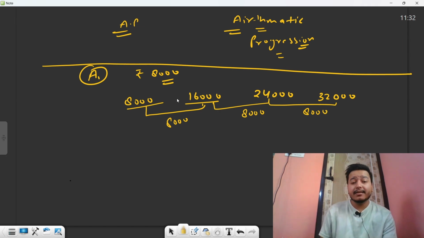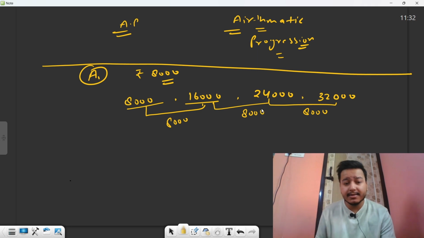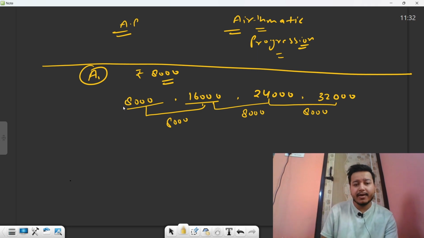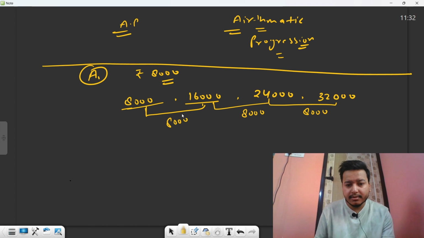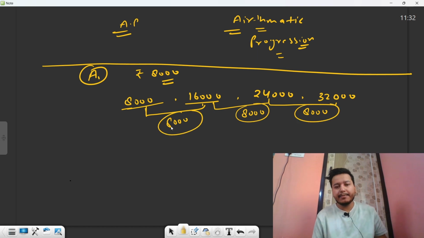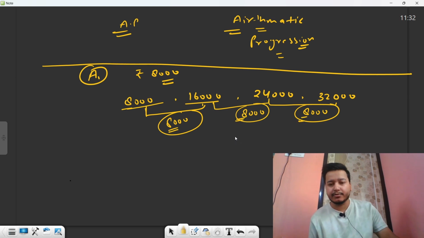So, we see a series, and what kind of series is this? This is a series where each term has a definite gap between them, and the gap is a fixed number. You get it? Here the gap is rupees 8,000.